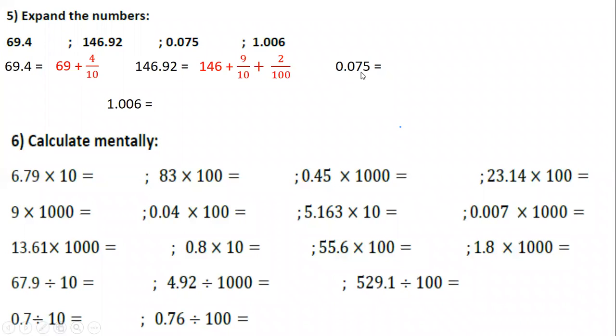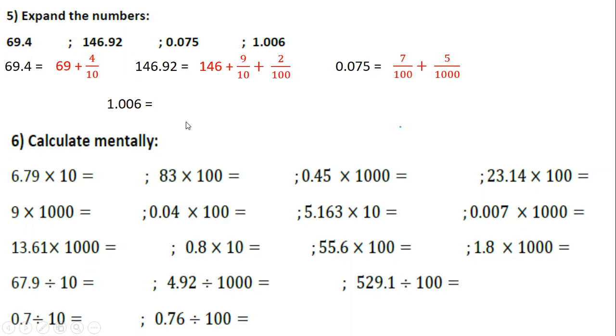Wait, Ghadi. If you write 7 over 10, then 7 is in the 10th. But we have 0 in the 10th, so we don't write 0 over 10. So 7 is in the 100th. What do we write? 7 over 10 or 100? 5 over 1000. Yes, 7 over 100 plus 5 over 1000.